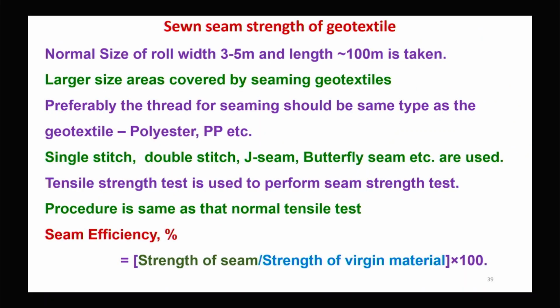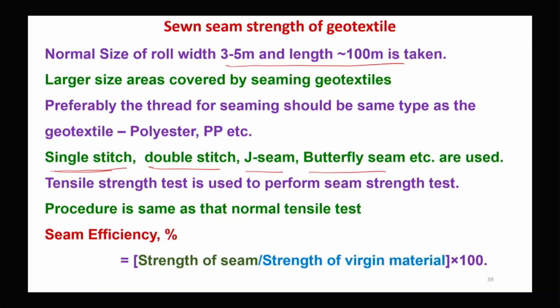Now the seam strength of geotextile. A normal roll size is 3 to 5 meter wide, and length is maximum approximately 100 meter. That is the roll size. But in road construction, we need much more dimension. So there are different types of seams: single stitch, double stitch, J seam, butterfly seam.